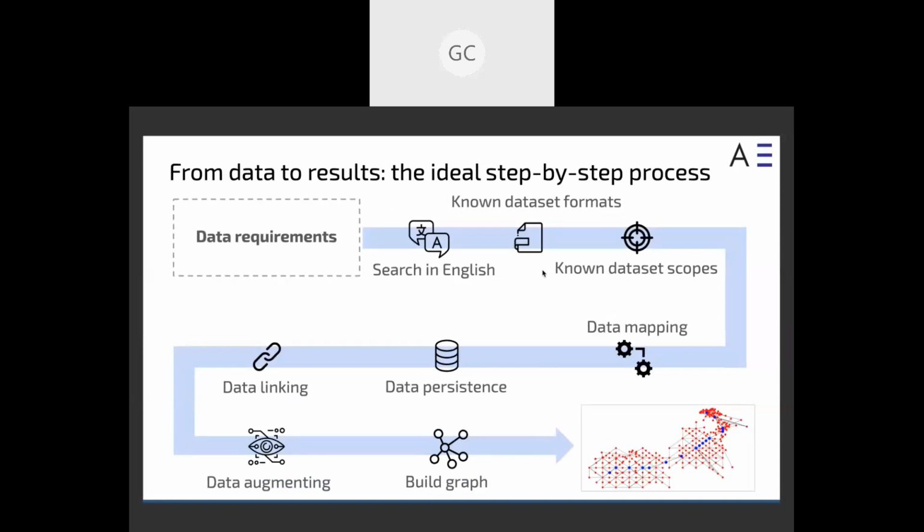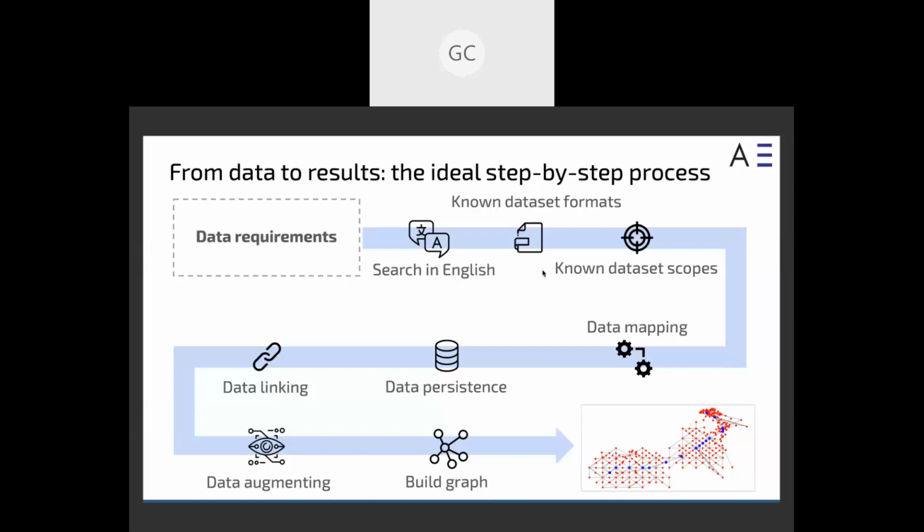In this slide, we present our ideal data user journey through the Inspire platform. So starting from our data requirement, we would like to be able to go to the platform, perform our searches in English, get some data set out of our searches that are known thanks to a good documentation.